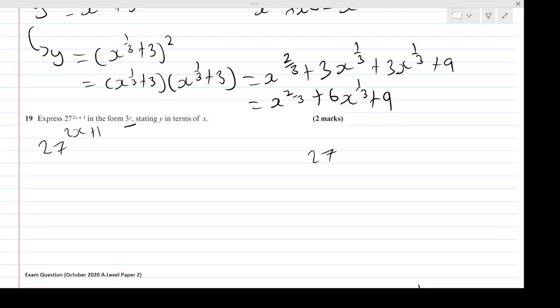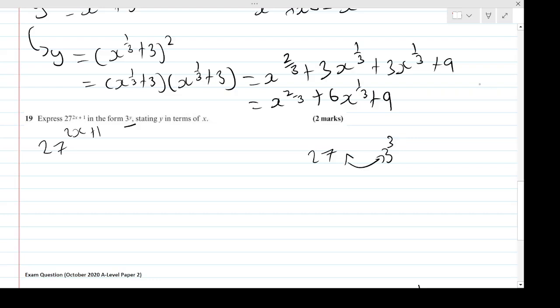In questions like this, you need to realise how you can express two numbers as powers of each other. So here, 27 and 3, hopefully you should be thinking 3 times 3 is 9, and then 9 times 3 is 27. So they go into each other, and therefore 3 cubed will get us 27. That's the key thing to realise here.